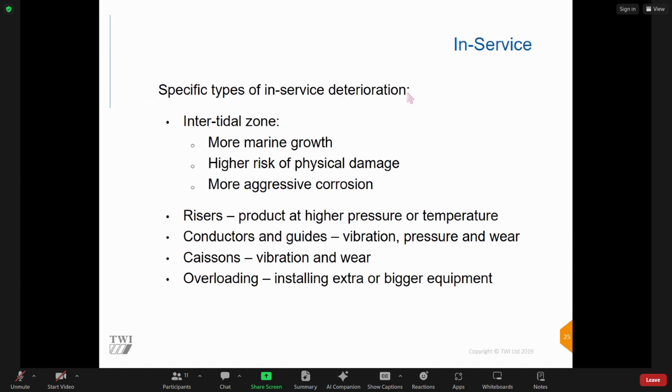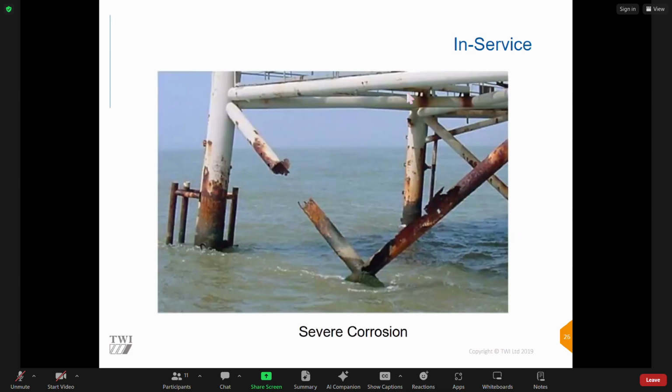And again, more equipment put onto a structure, more load we're putting onto it. So again, at the very least, we may increase the rate of corrosion. Corrosion we'll talk about tomorrow. Okay, but you can see again, the results of corrosion there.